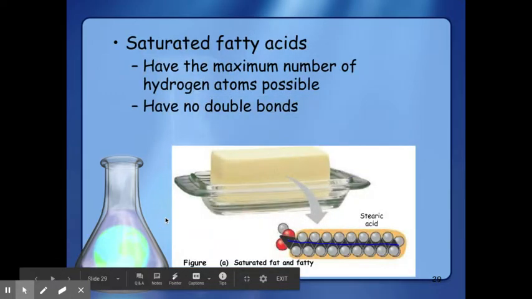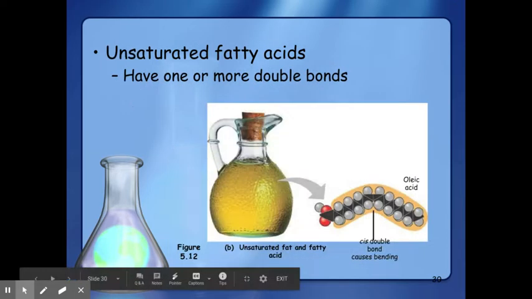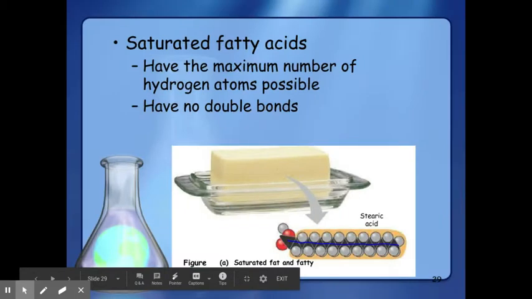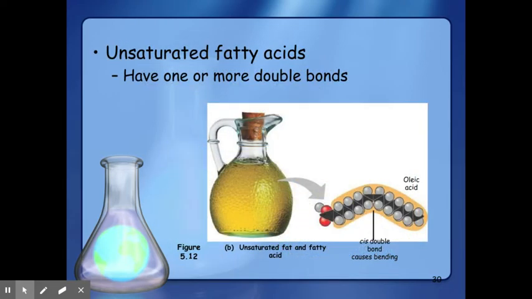All right, so this is just again a review. Saturated fatty acids have the maximum number of hydrogens possible. They have no double bond, and you see that classic straight line, no kinks. These are also usually solid at room temperature, such as butter. Unsaturated fats are more liquid at room temperature.